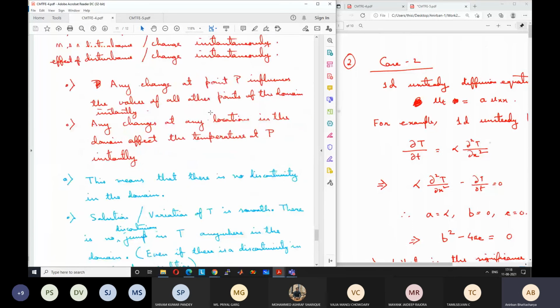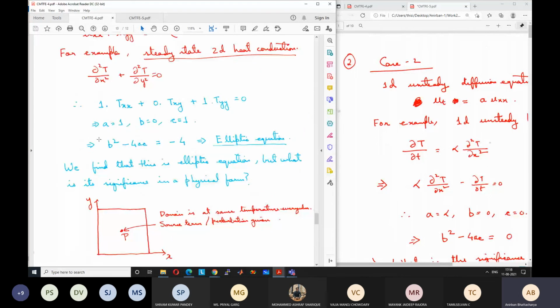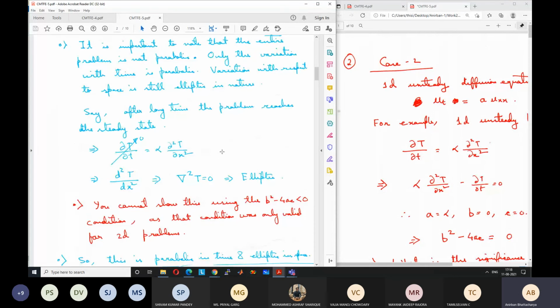It does not capture all the different types of equation. It is only valid for a particular condition, 2D, second order PDEs. This is just one way of showing the classification, but the actual classification we need to understand based on the physics of the problem.